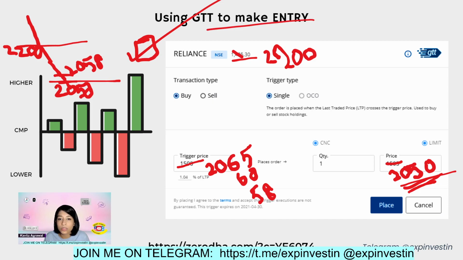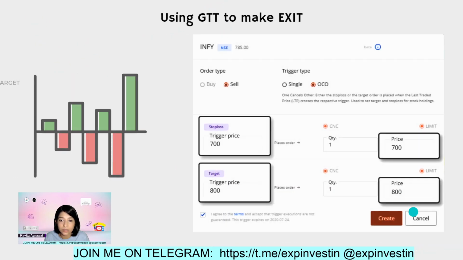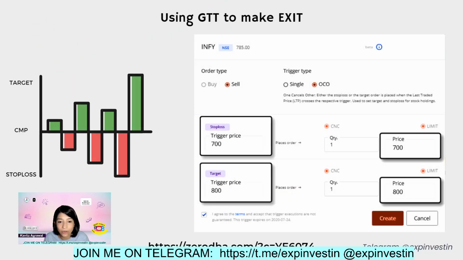Now there is obviously also use for GTT when you want to make exits. So let's take a look at how that works. When you want to use GTT orders in order to make an exit, you need to set firstly the trigger type to OCO from single. In the previous slide, we saw that in order to do buy signals, you can only do single orders.